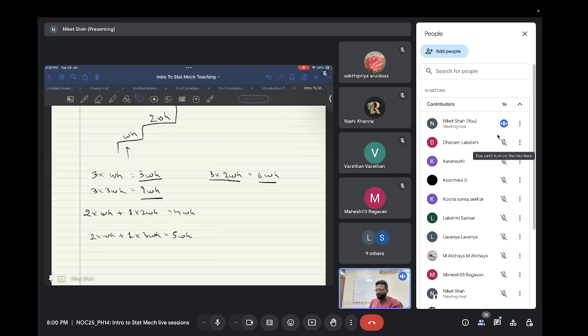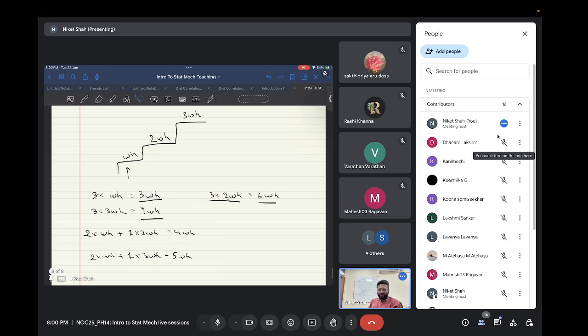Generally, the maximum number of possibilities lies near the average of the maximum and minimum energy. The maximum potential energy is 9WH and the minimum is 3WH. So 9 plus 3 by 2 is 12 by 2, which is 6WH. Close to 6WH will generally have the highest number of possibilities. But let's check this.